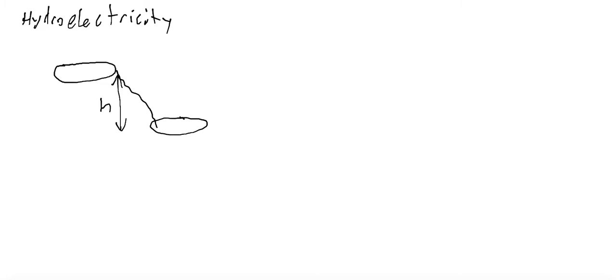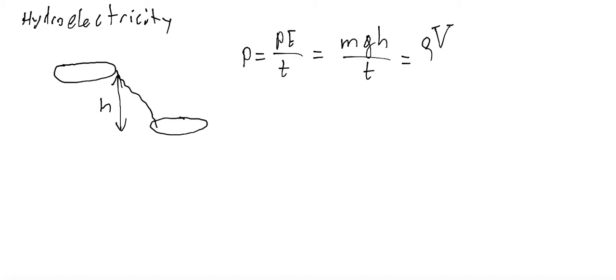Okay, what is the power of such a system? Power is the potential energy of water which falls, over time. Is it clear? And potential energy is related with the mass of water which falls in unit time. But the mass of water can be written as density of water times volume of water, over time.